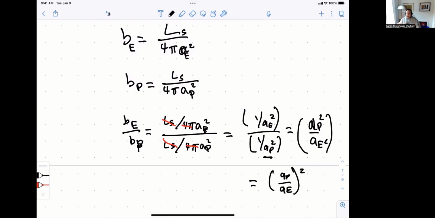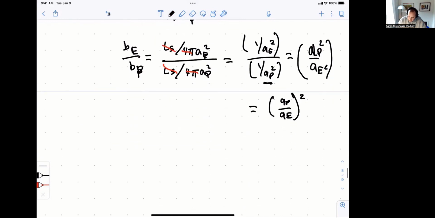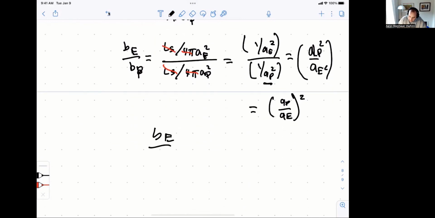Well, guess what? I know what AP is, and I know what AE is. AE is the semi-major axis of the Earth's orbit, which in astronomical units is defined to be 1. And I know from the problem statement that AP is 40, right? So BE over BP, the brightness ratio between Earth and Pluto, is 40 over 1, quantity squared.